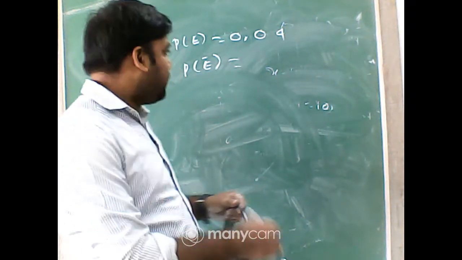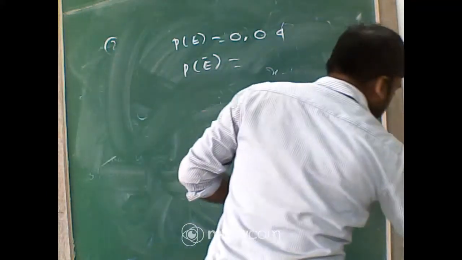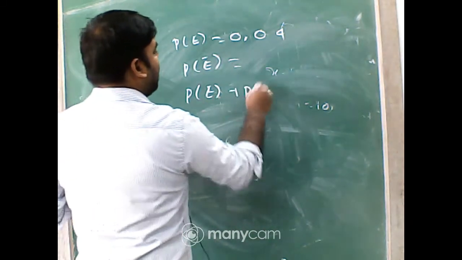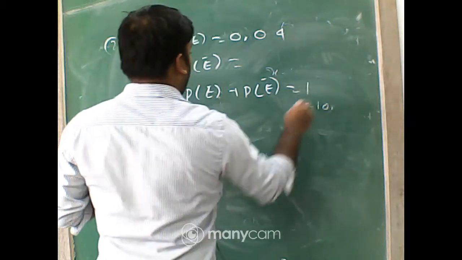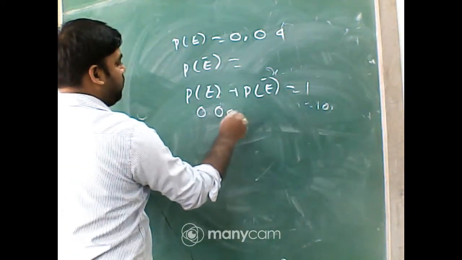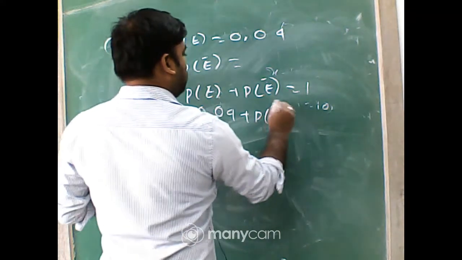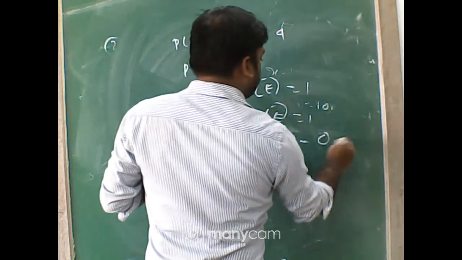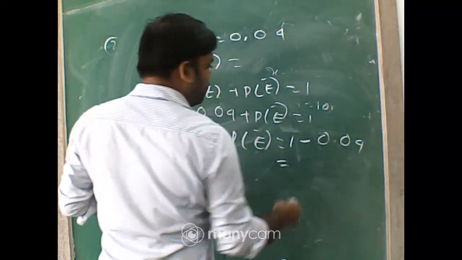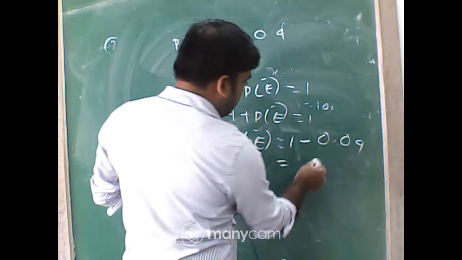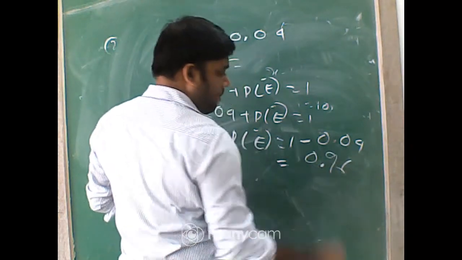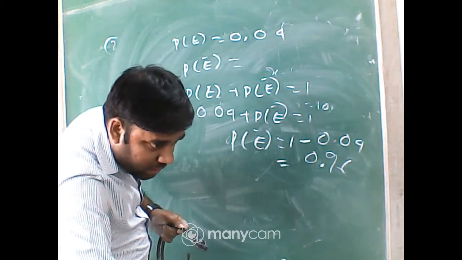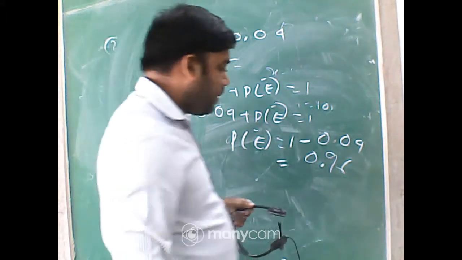Okay, we know that P of E plus P of E bar equals 1. Now P of E is 0.04, so obviously it will be 0.96. Okay, next question.